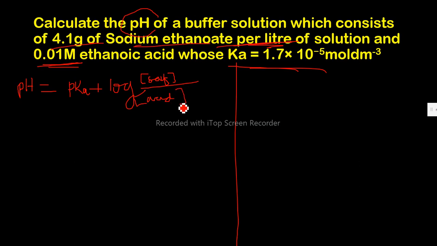So from this equation, we have the Ka. Can't you get the pKa? It's simply the negative logarithm of this.